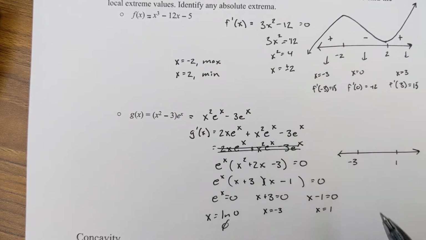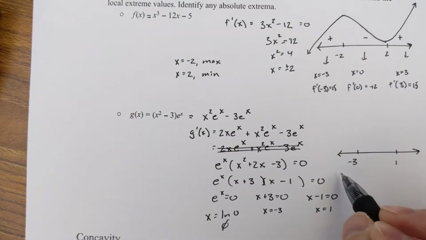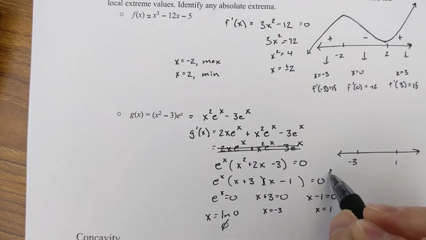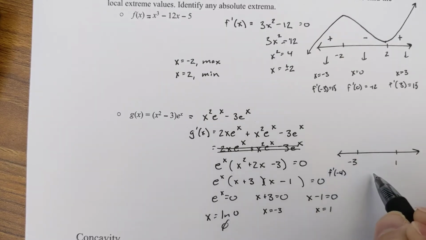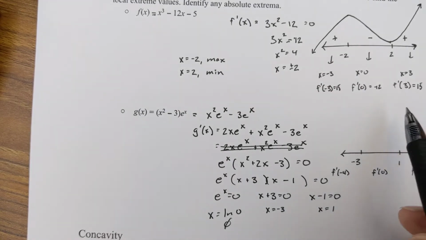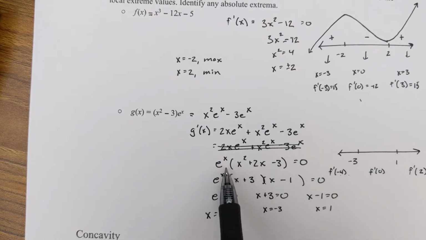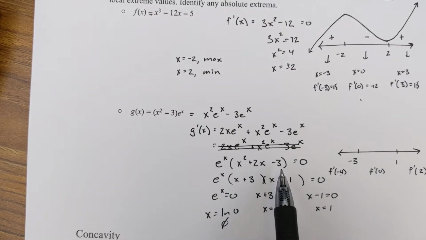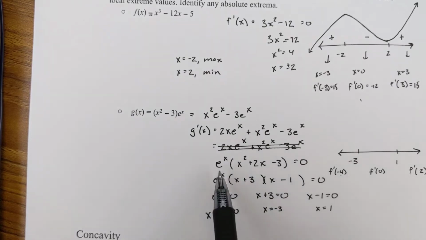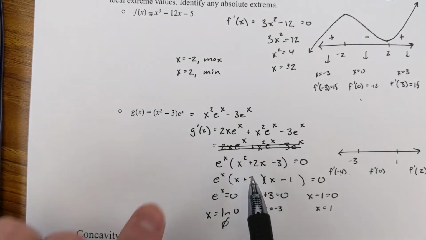So I need to choose some number over here. So I need to find, we'll say, f prime of -4. I need to do f prime of 0, and we'll do f prime of 2. Now I'm not going to write my numbers down. I'm just going to figure out the sign. So if I do -4 into my derivative, e to any power is going to be a positive number, so I can ignore it.